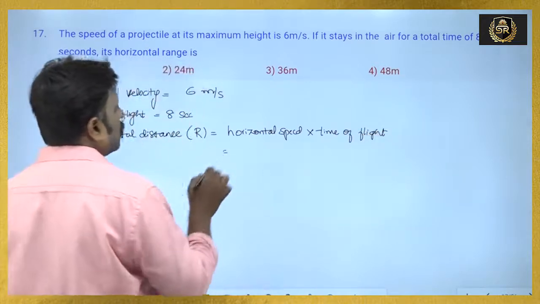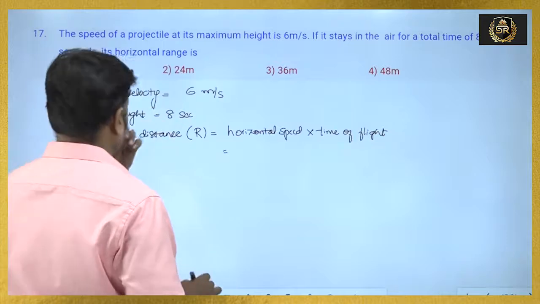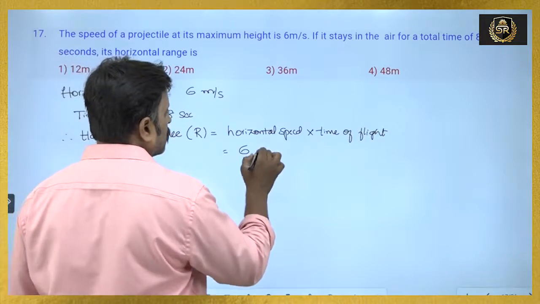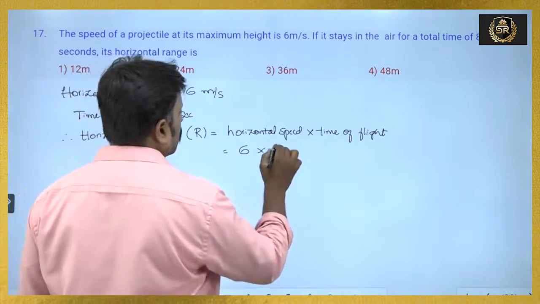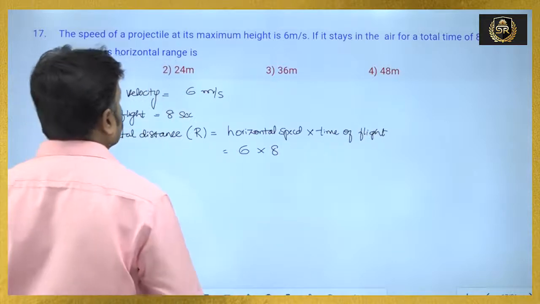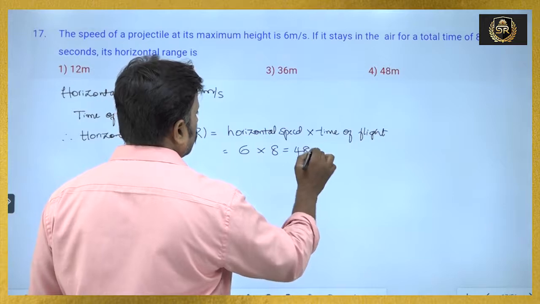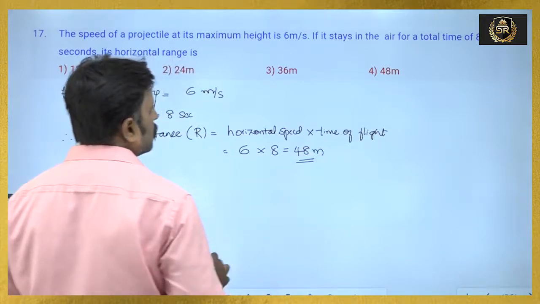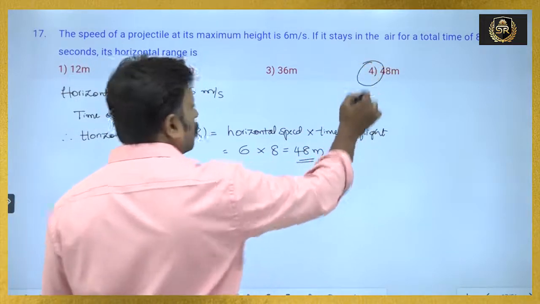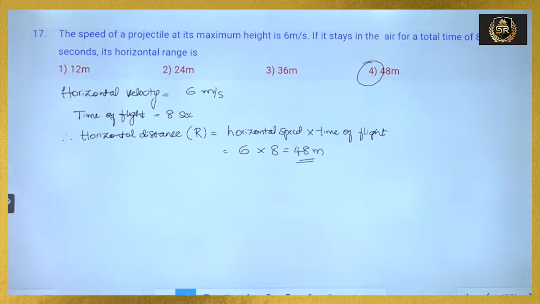Okay, what is horizontal speed given? 6 meter per second. 6 time of flight 8. So how much it is? 48 meters I'm getting. So what is the correct option? 4 is the correct option.